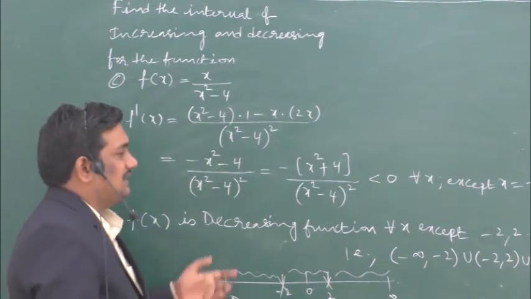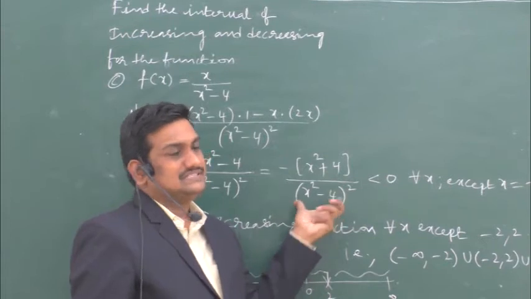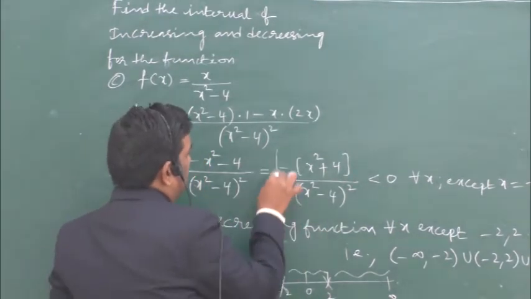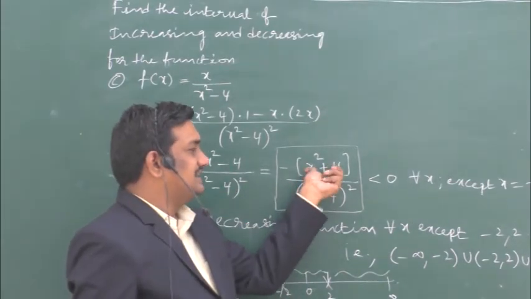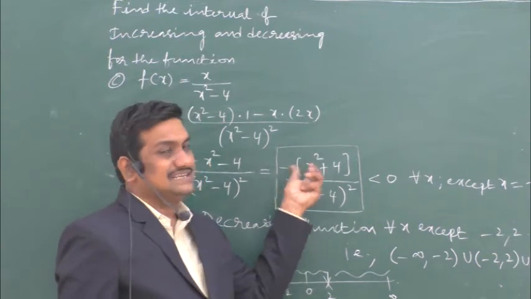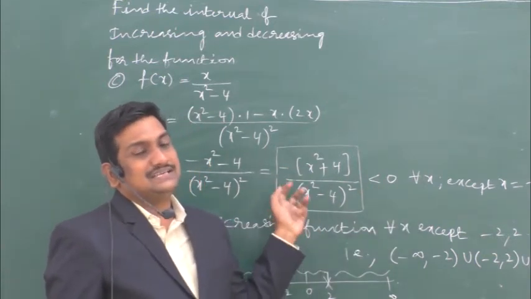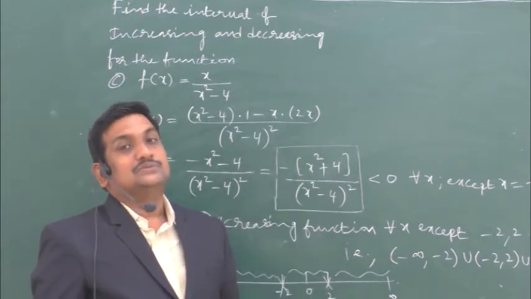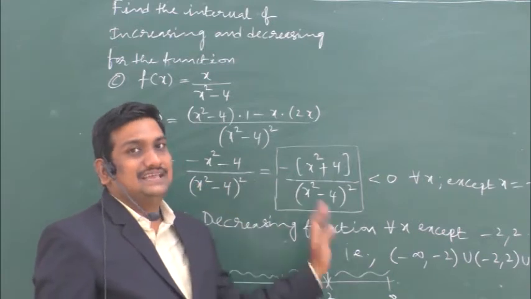So this value cannot be a positive value because of the negative sign. This is already a positive quantity, and this is also a positive quantity. A positive quantity multiplied by a negative sign is a negative quantity. It cannot be positive. Hence, the first derivative cannot be positive. Hence, there is no interval so that this function is increasing.